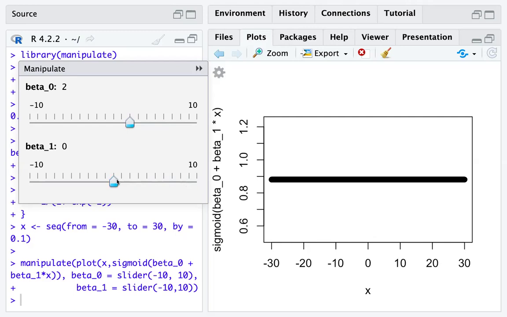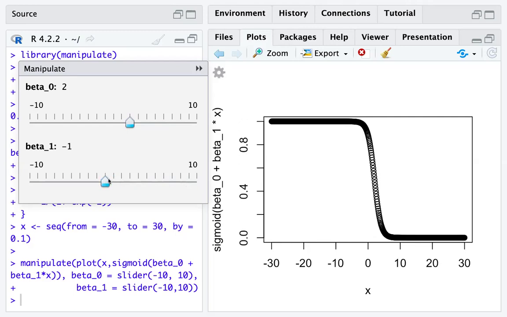At 0, it will be a constant. And beta 1 negative will be on the other side. If I take beta 1 to be minus 10, the transition is almost vertical. Can you see it from there?